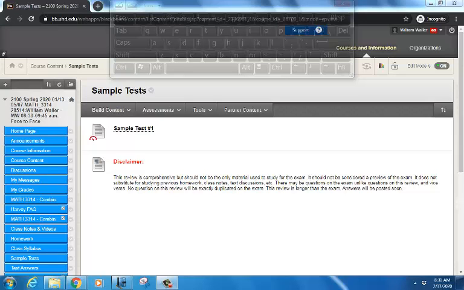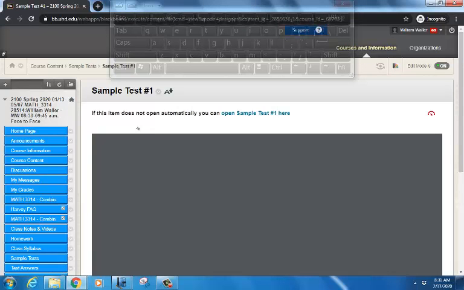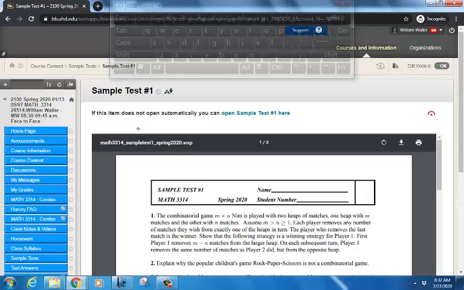a couple things occur to me to comment on in general. Make sure that, for instance, on the sample test, if this thing will open, yeah, there it goes.